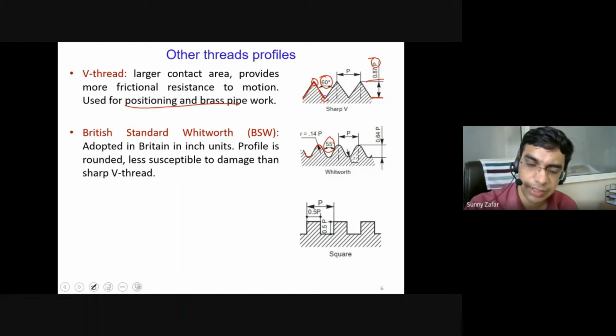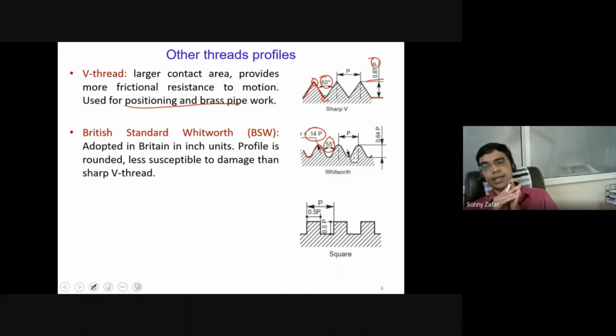This rounding has a radius of 0.14 multiplied by the pitch of the thread, and this radius helps to make the thread less susceptible to damage.